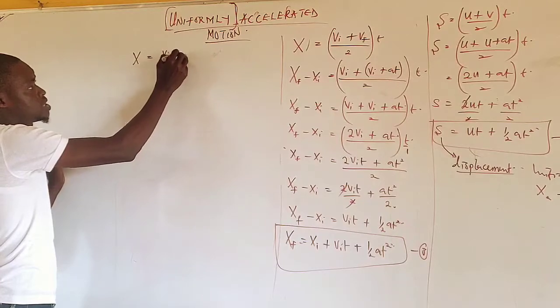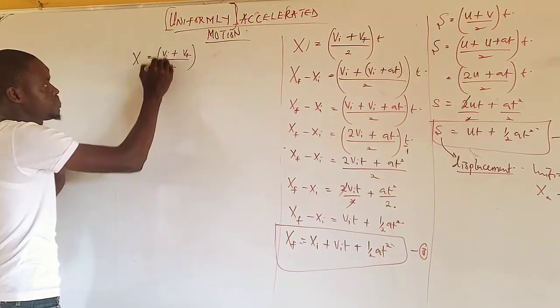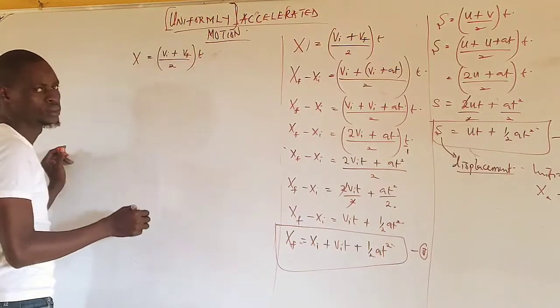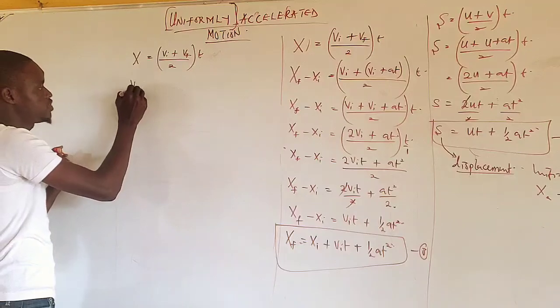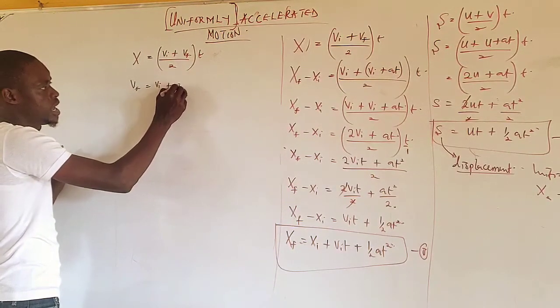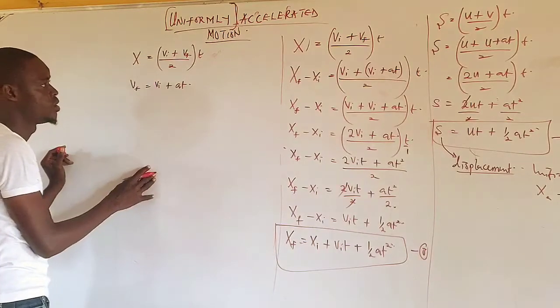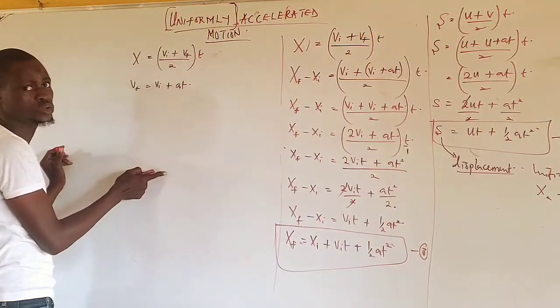My initial velocity plus my final velocity all over 2 multiplied by my time taken. And then my first equation of motion is final velocity equals initial velocity plus acceleration times time. Now, I can make time the subject of the formula from here and substitute into this equation.